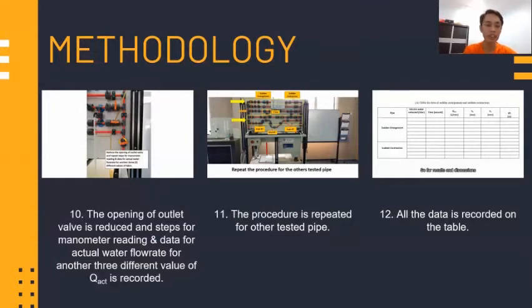There are three tested pipes, which are first, the sudden enlargement pipe, second, the sudden contraction pipe, next, different branch types, which consist of Y type and T type, and next, the pipe elbow, which consists of a 90-degree bend and a 45-degree angle. And lastly, all the data is recorded in the table. That's all. Thank you.